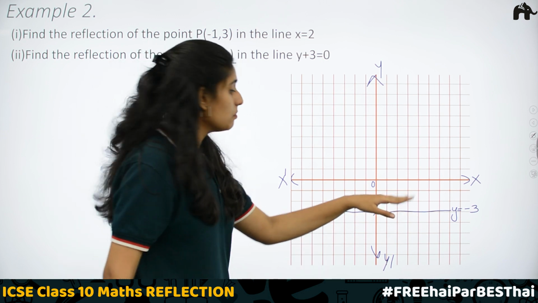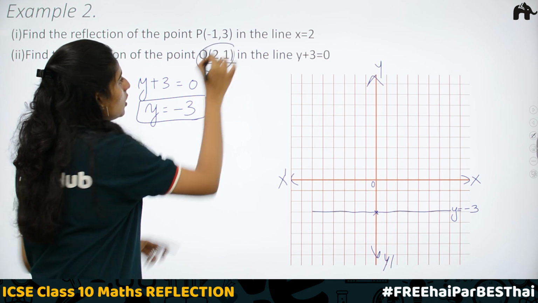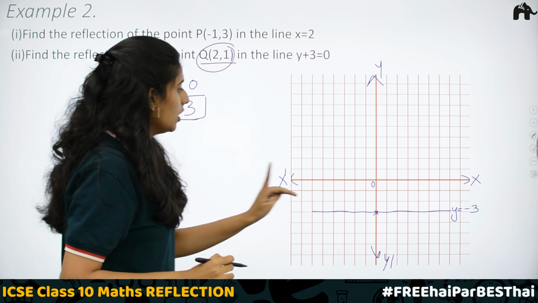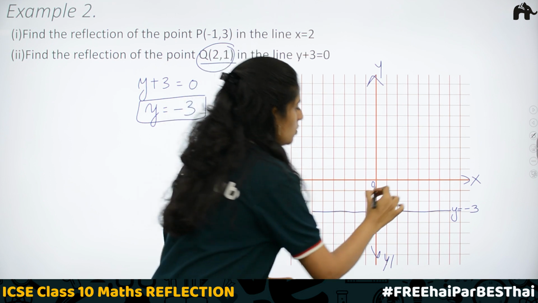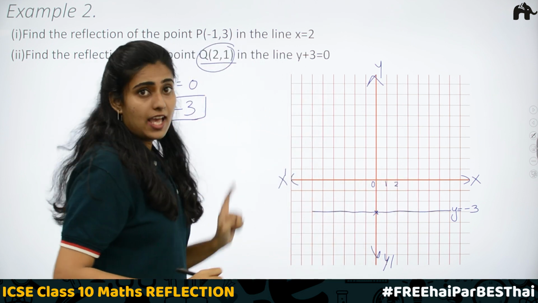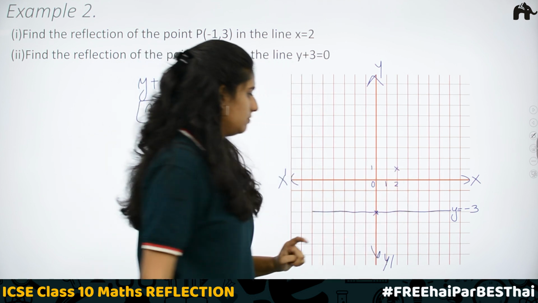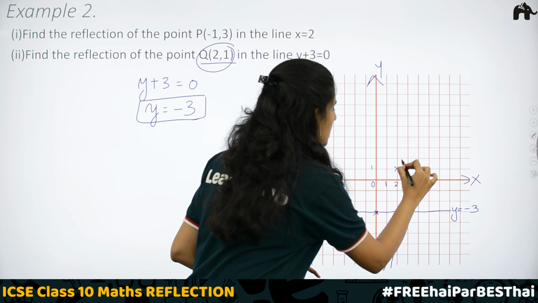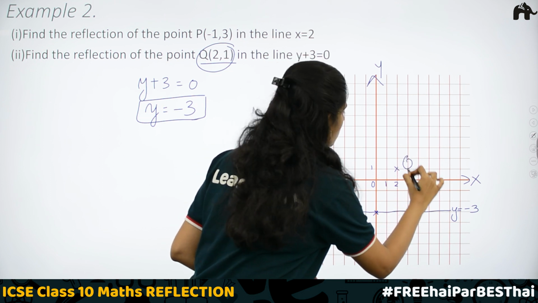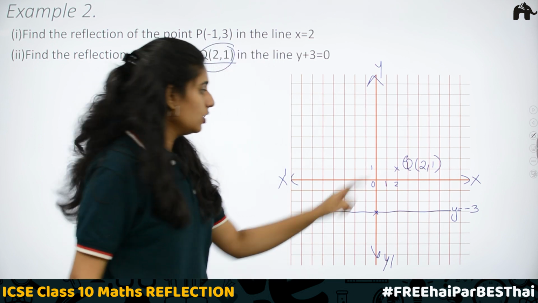This is our mirror line or the mediator. Now we have to find the point Q 2, 1. 2 along the x-axis, 2 units: 1, 2. This is 2. And 1 along the y-axis. Here we have 1. So this is my point Q 2, 1.